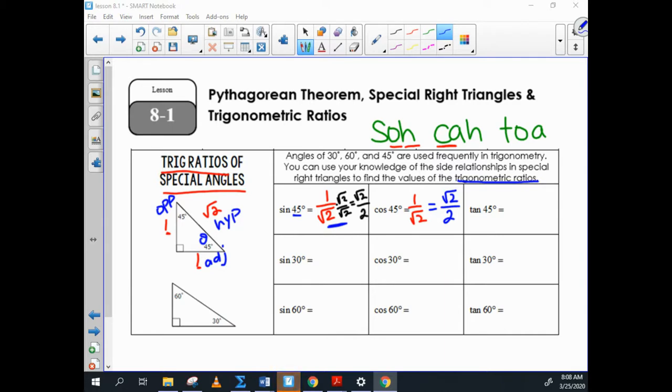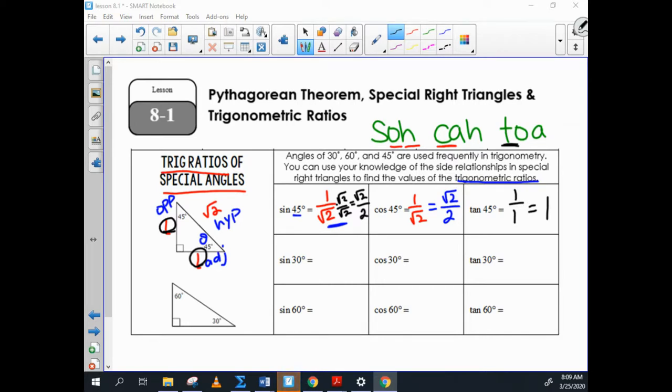Okay, the last one is the easiest one right here. The tangent of theta, tangent of 45, was my opposite side, so this 1 right here, over the adjacent side. So I just have 1 divided by 1, which is just 1.